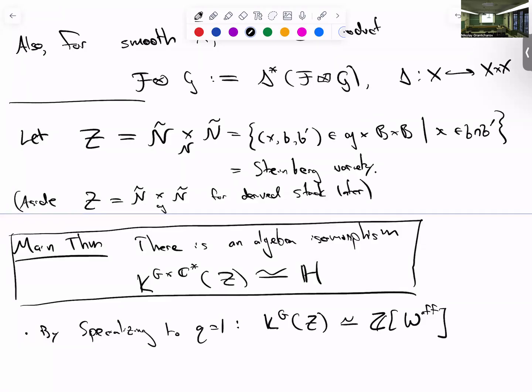And if we specialize to p, the Iwahori-Hecke algebra.